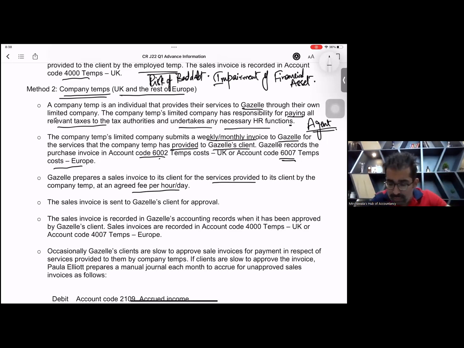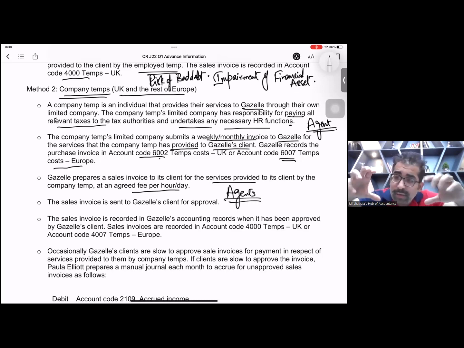Now, as we are agents, an agent can't record sales and cost of sales. We can't book, for example, from one end, we have to pay $10 per hour rate, and on the other end, we will be receiving $30 per hour, just for example.